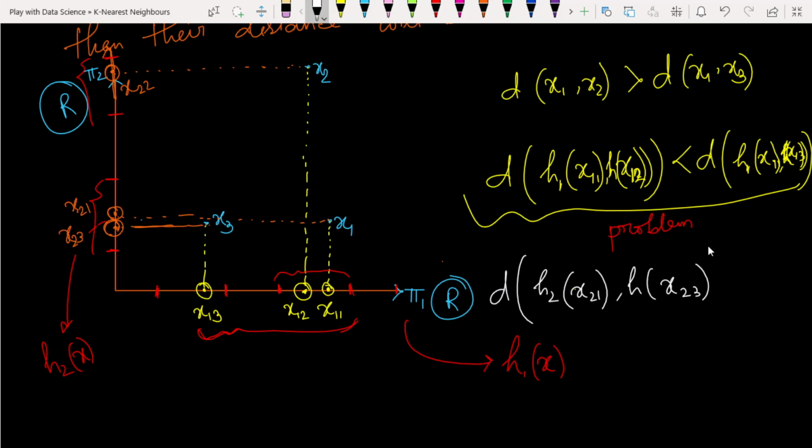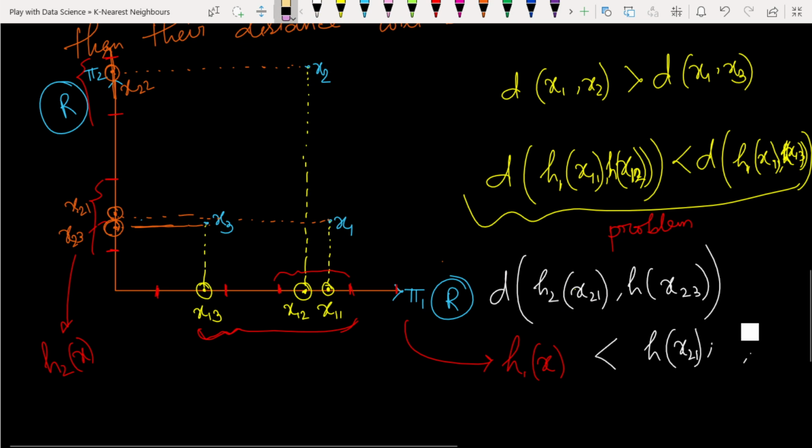Then I take the distance, and this distance will now be closer. The hash values are 21 and 22. Sorry for that.